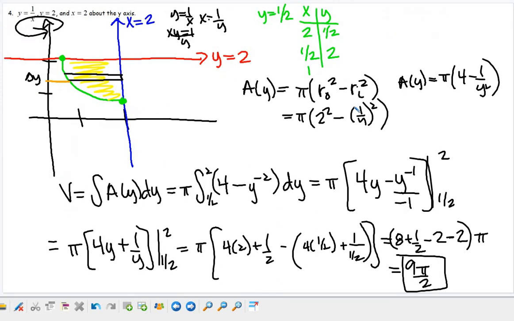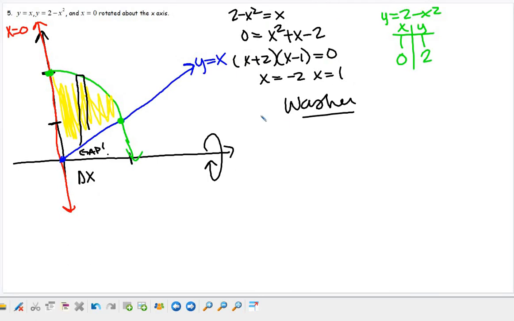I didn't say this one was a washer, but it is. I apologize. My pen is acting crazy, guys. I'm very sorry. Okay. So that means I have area of x, delta x, is equal to pi times radius outside minus radius inside.